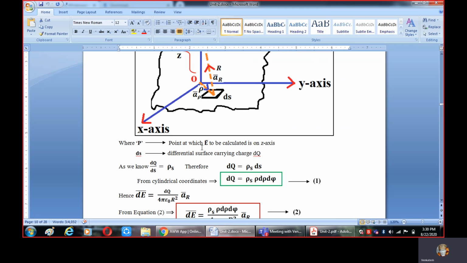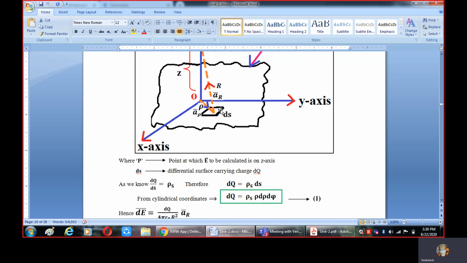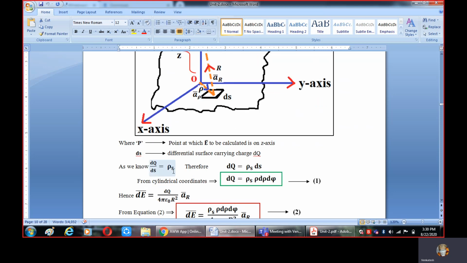dS is the differential surface, and it is carrying the charge dQ. As we know, rho s, where s represents surface and rho represents charge density. Surface charge density is equal to the ratio of charge and surface, dQ by dS.